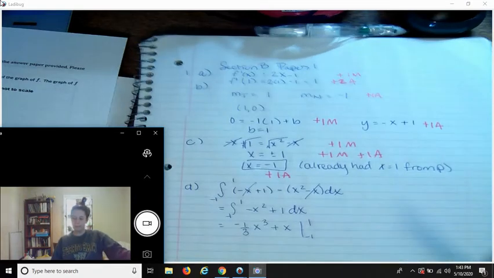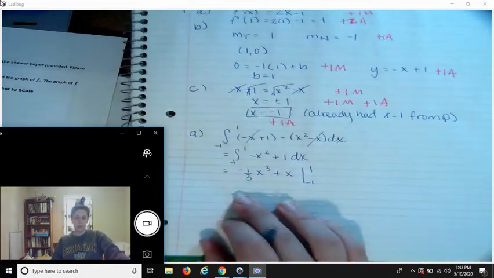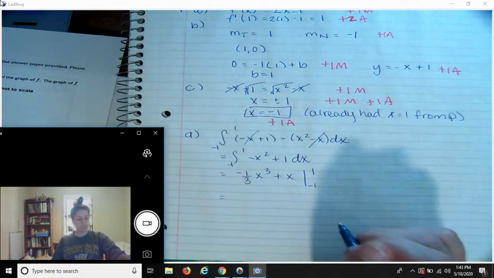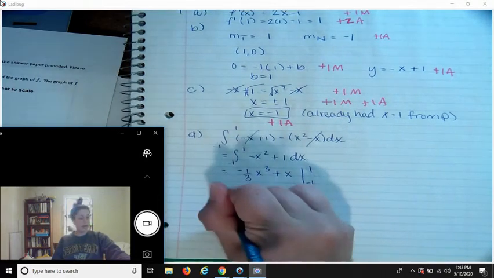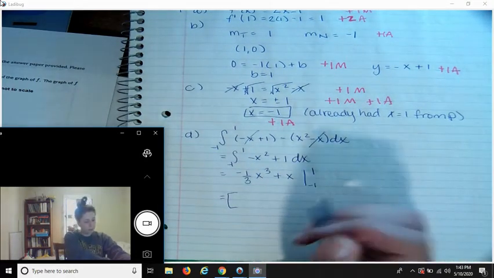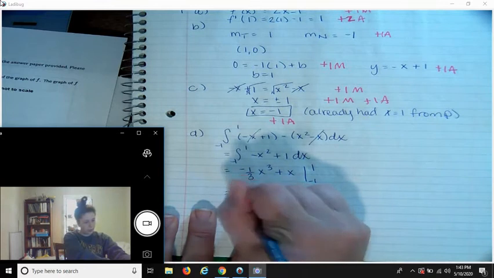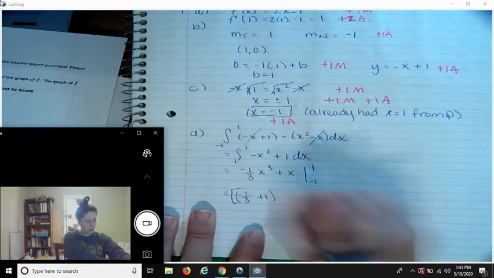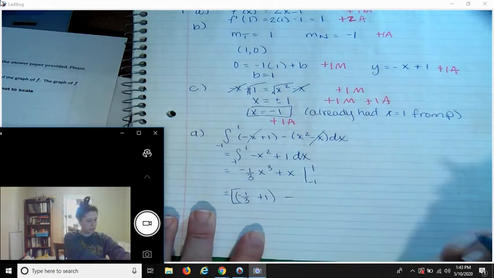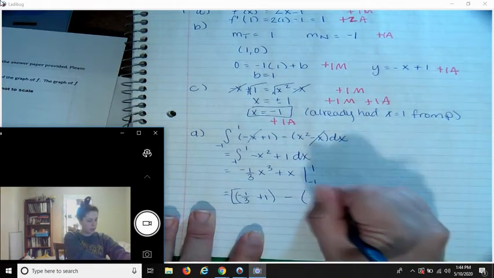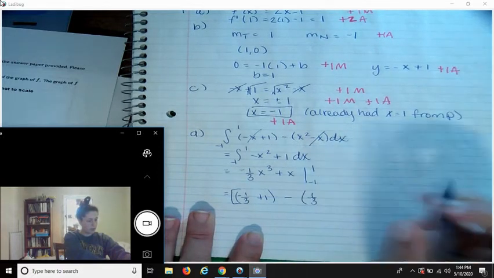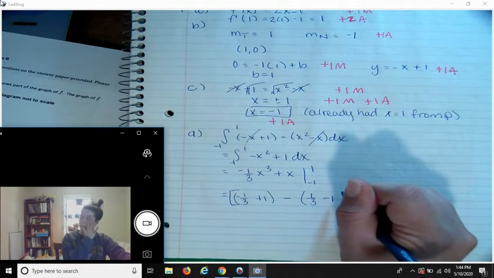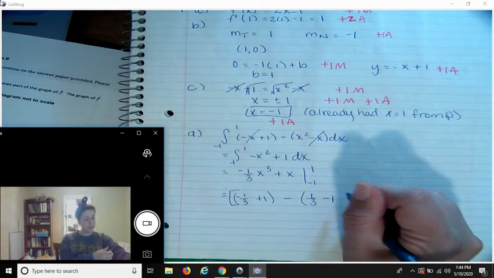Then I need to actually sub in my values. So I'm going to have negative 1/3 plus 1 as my first term. Then I'm subtracting. This is going to end up being positive 1/3 minus 1. Oh, sorry, my eye itches really badly.